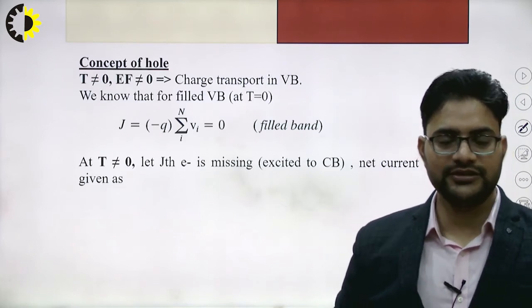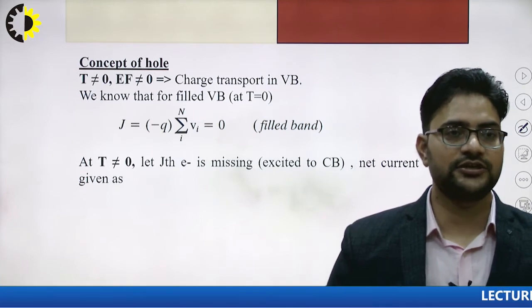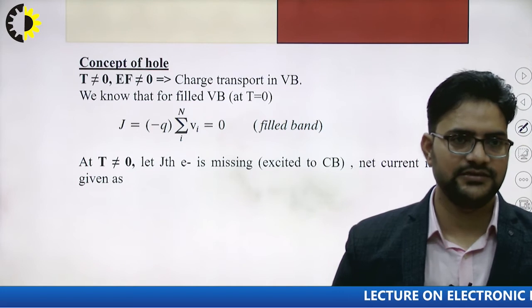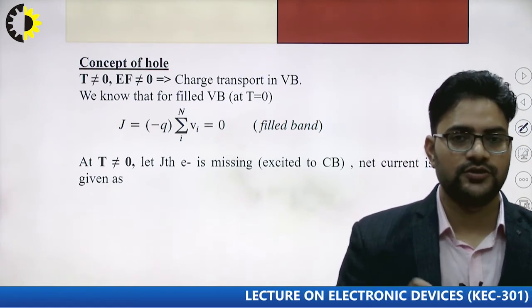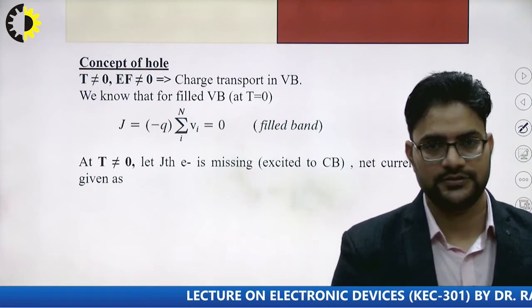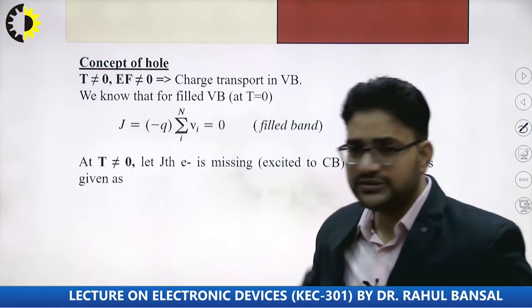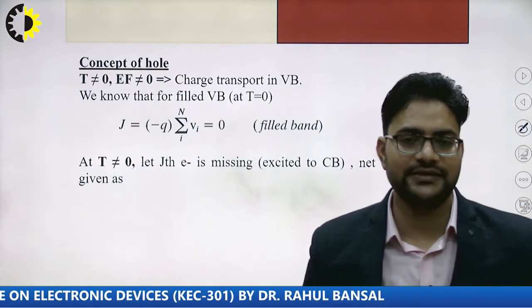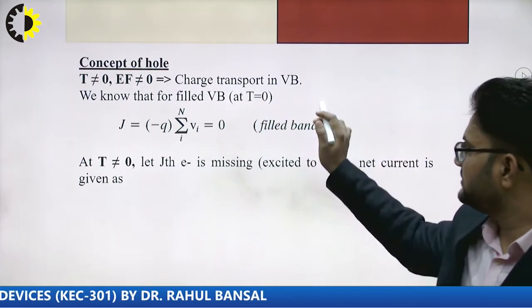Now we can conclude the previous slides in terms of the concept of holes, or we can define the hole now. In the fourth case, temperature is not equal to 0, electric field is also applied, and charge transport is there in the valence band.